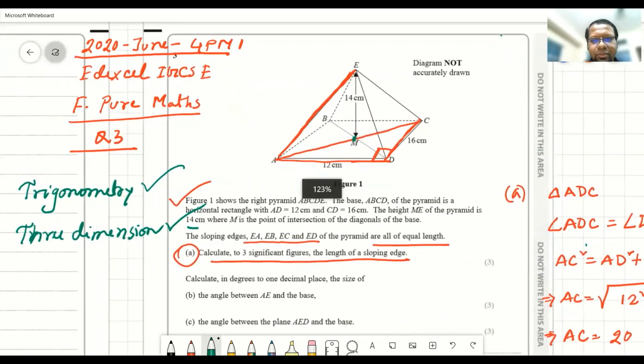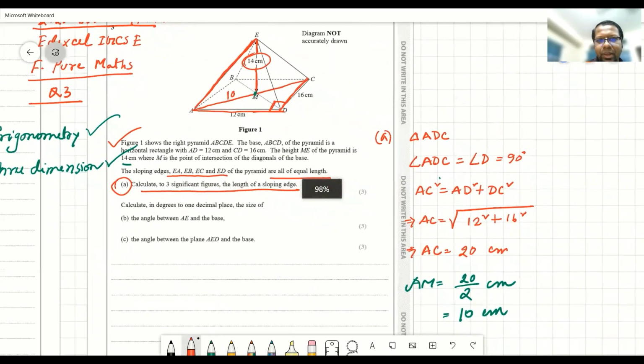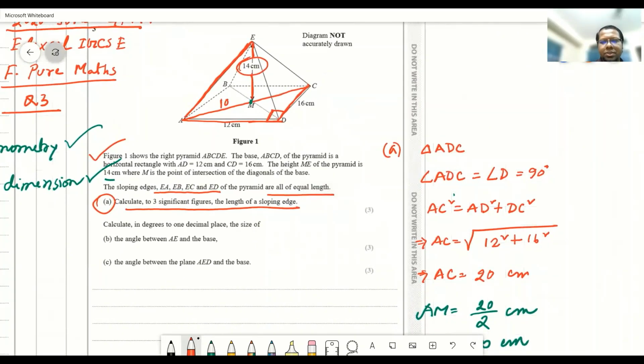Now, as we have the value of AM, which is 10, and we also know the value of height ME, 14 centimeters, considering triangle AME and applying Pythagoras theorem, we can find out EA, or the length of an edge.